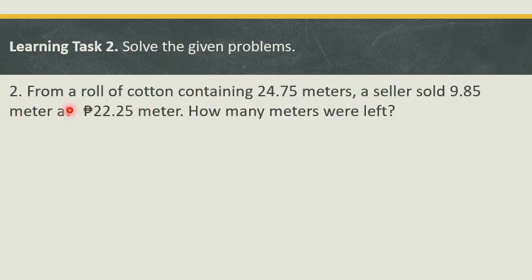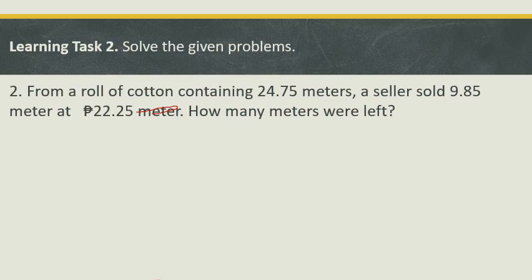Okay, number 2. From a roll of cotton containing 24 and 75 hundredths meters, a seller sold 9 and 85 hundredths meters at 22 pesos and 25 centavos. Ayan, mali-mali na yung type dito sa ating module. Okay, so how many meters were left?